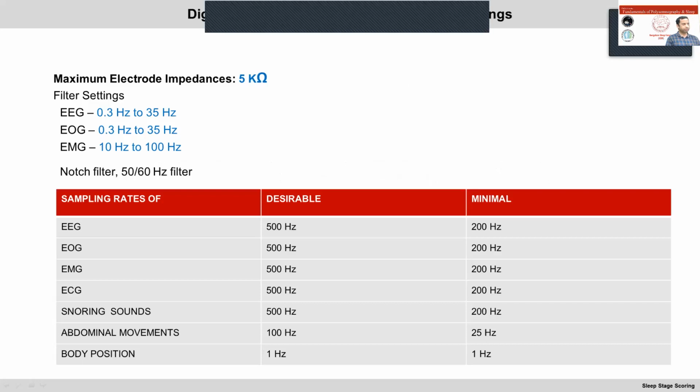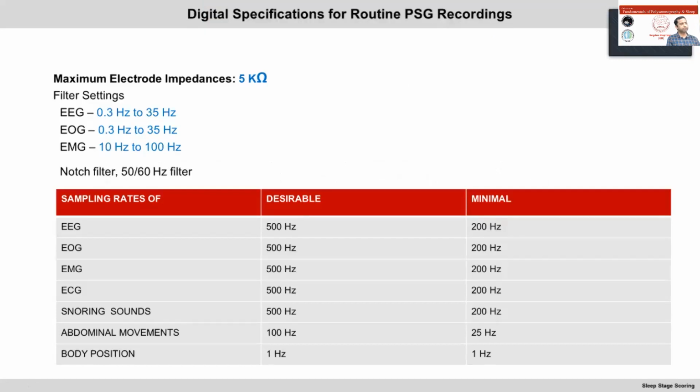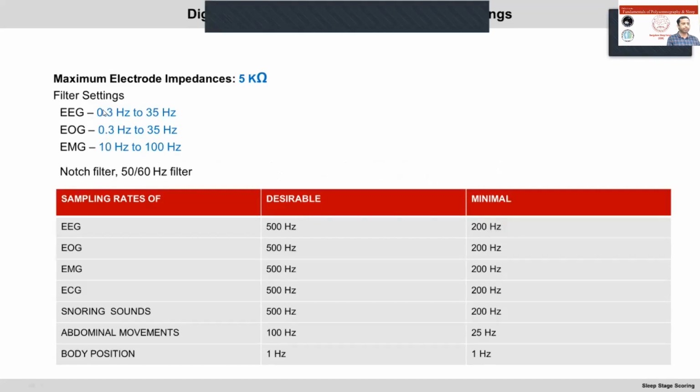These are the technical specifications for the measurement of EEG activity, as routinely used according to the American Academy of Sleep Medicine. For EEG, keep the filter in the range of 0.3 hertz to 35 hertz, and EOG is also the same. For EMG, 10 hertz to 100 hertz.